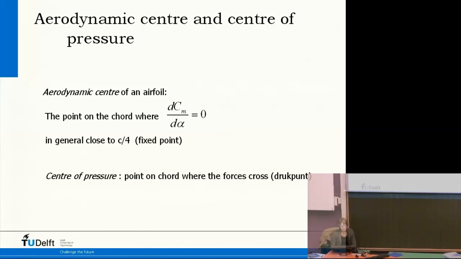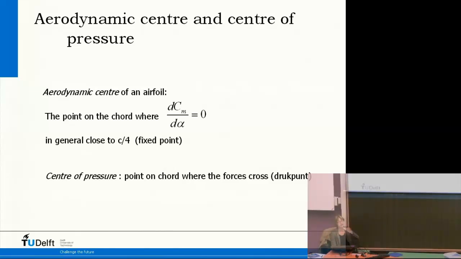Then two concepts that are important to know. First is the aerodynamic center of an airfoil, and that has to do with moments around the airfoil. Of course, we have forces on the airfoil from the flow, from the pressure and the friction. And as a result, there's also a moment on the airfoil. And there's one point where the moment coefficient does not change with angle of attack.